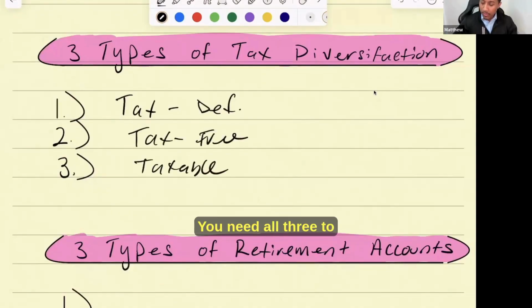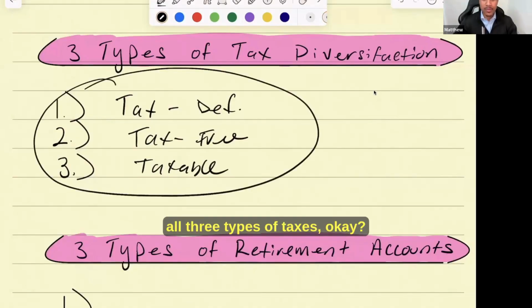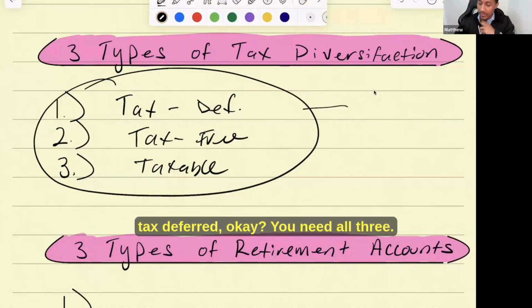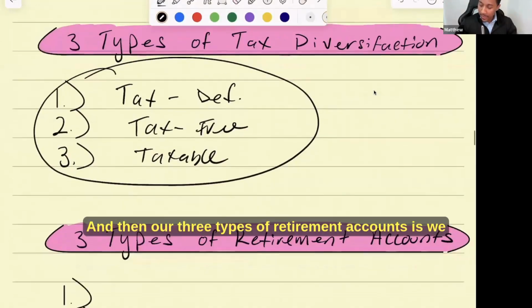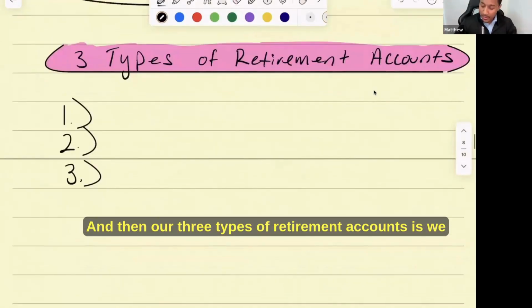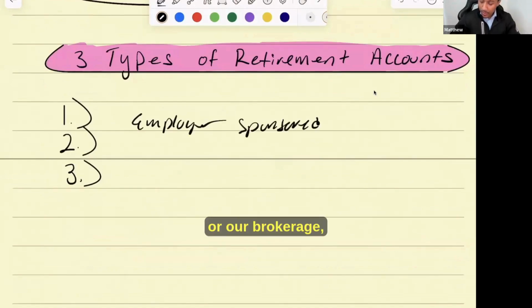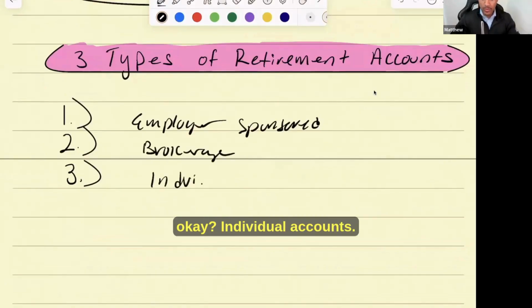You need all three to be truly diversified. All three types of taxes, okay, not 100% in tax deferred. You need all three. And then our three types of retirement accounts is we have our employer sponsored, our brokerage, and our individual accounts.